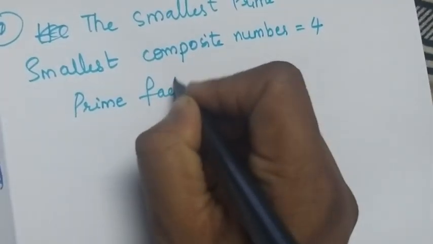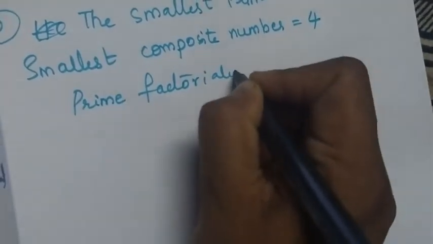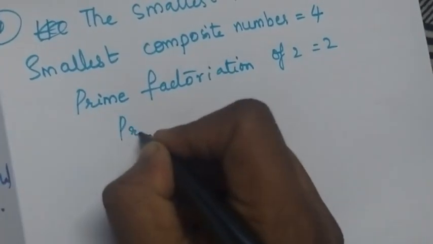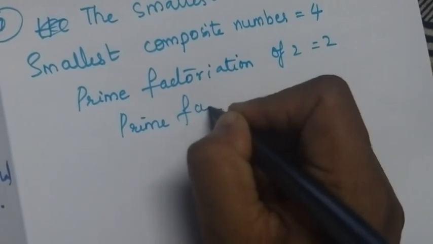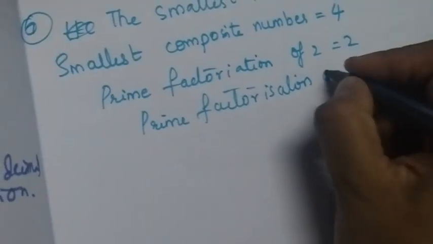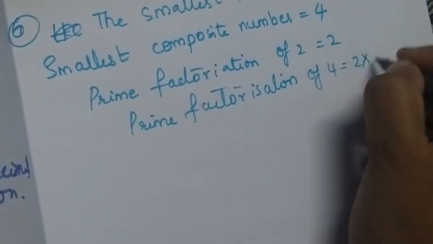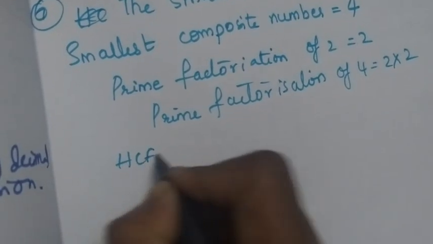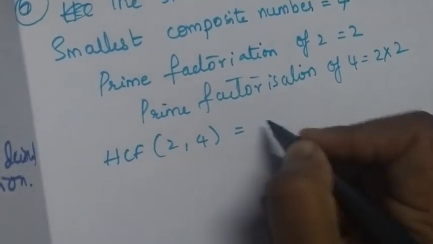So the prime factorization of 2 is 2 only, and the prime factorization of 4 is 2 into 2. We have to write prime numbers in the product of primes. Then HCF of 2 comma 4 is 2 only.